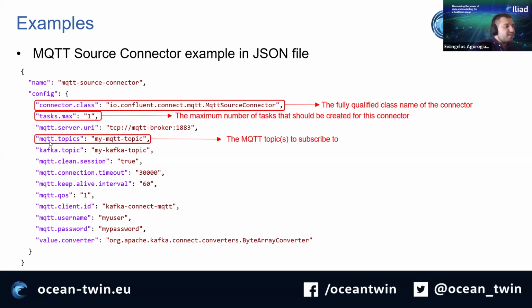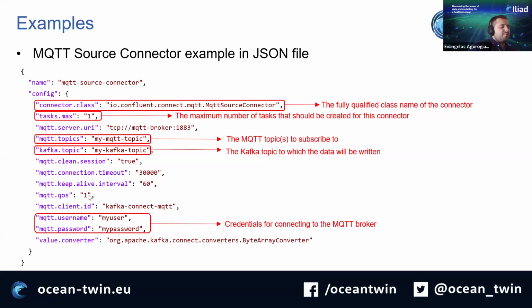Here we have the topics from the MQTT to which Connect will be subscribed, and the topic where the data from the MQTT will transfer to Kafka. For example, here the data on my MQTT topic will be written to my Kafka topic.